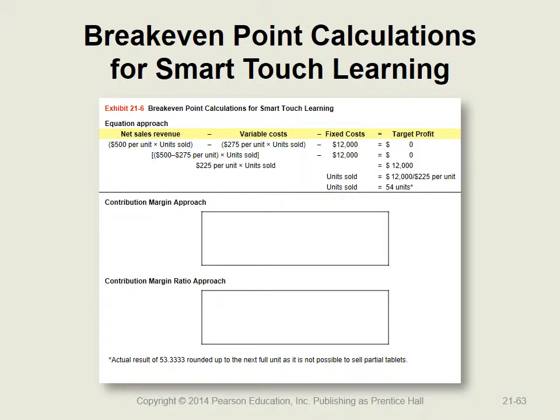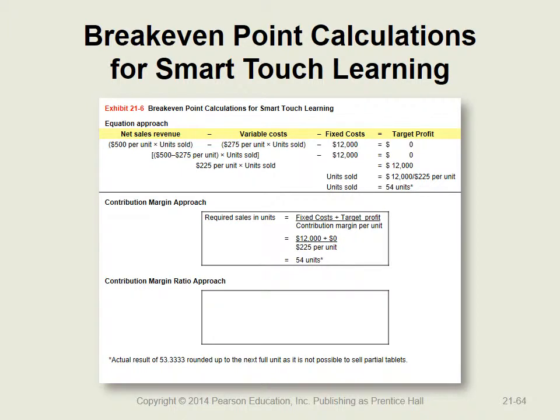Using the equation approach and substituting Smart Touch Learning's information into the equation, we see that the company must sell 54 units per month in order to break even. Note that the actual result is 53.333, but we must round up to the next full unit as it is not possible to sell partial tablets.